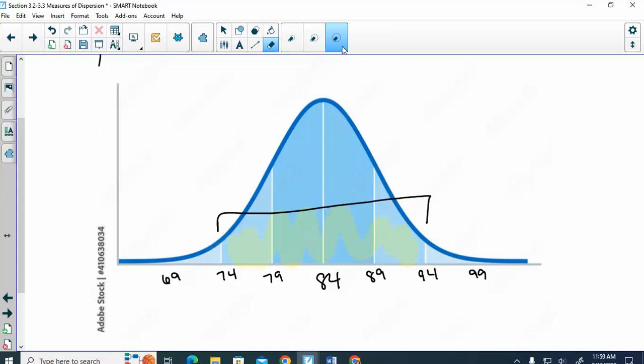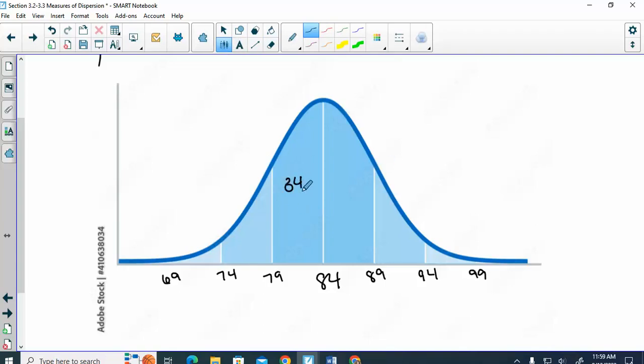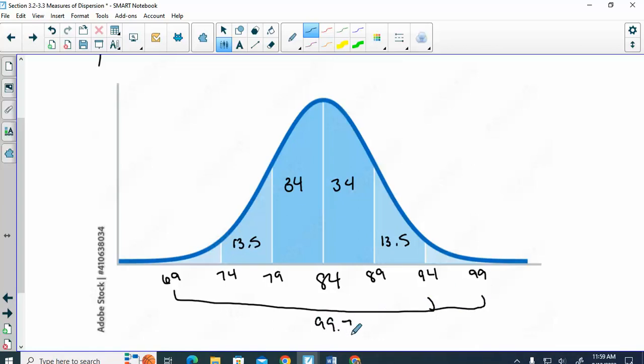Lower than 79, so we kind of have to do a little math here and figure this out a bit. We've talked about some of these percentages already. We know first standard deviation is 68, so that's 34% in each. 95, which gave us how much in this little window? Okay, 3 standard deviations is supposed to be 99.7.